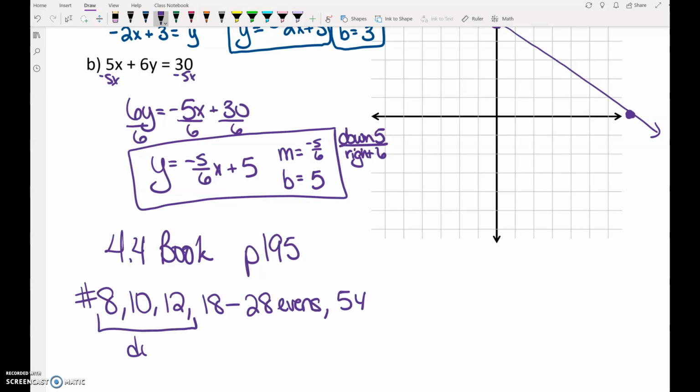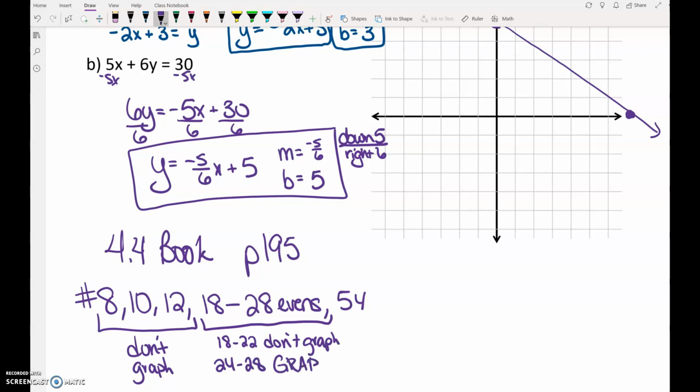On these first 3, you are not going to graph. On 18 through 28 even, 18 through 22 don't graph. 24 through 28, those are the ones that you will need to graph.